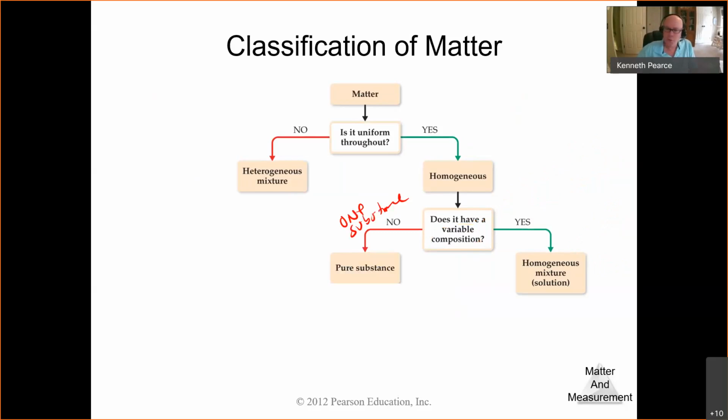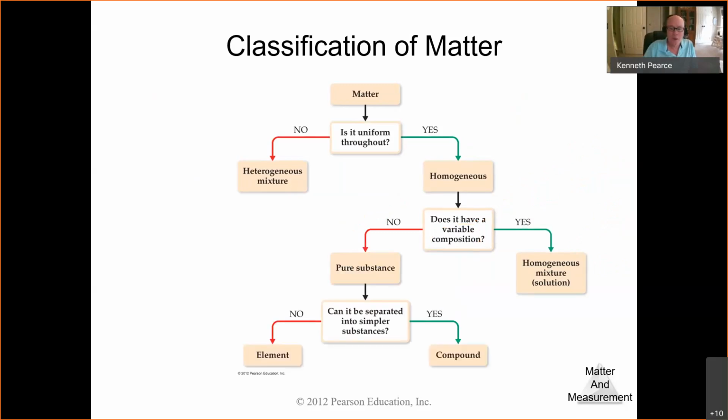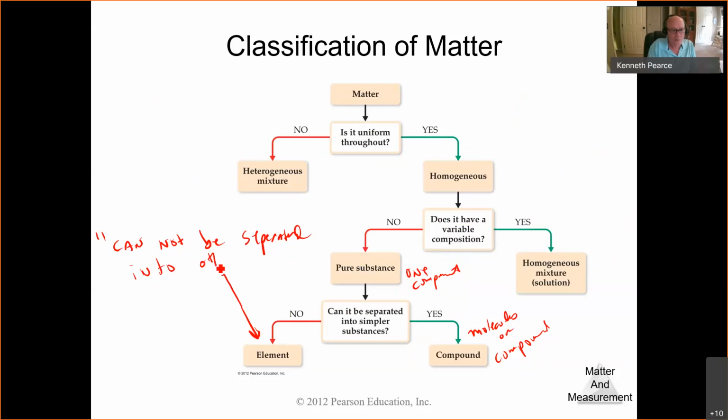Now, if it's pure, that means we could have molecules or atoms, okay? And so these would be elements or compounds, okay? Now remember, to be a pure substance, there can only be one component, only one. Now here's the important thing about elements, and make a note of this: elements cannot be separated into other elements.